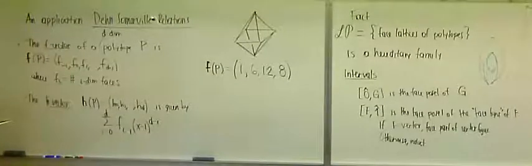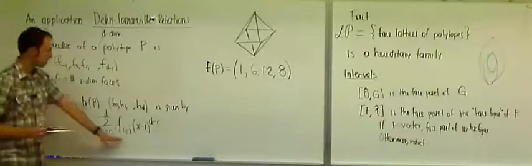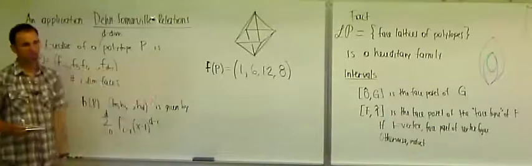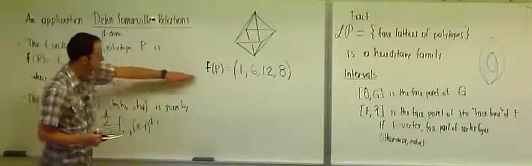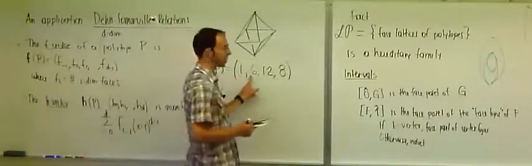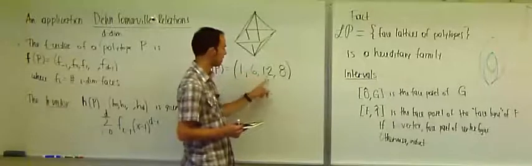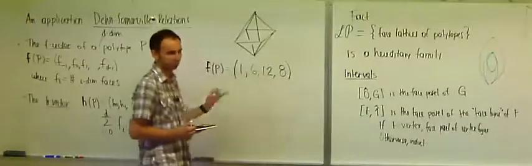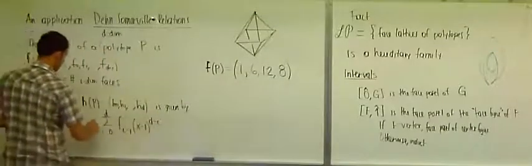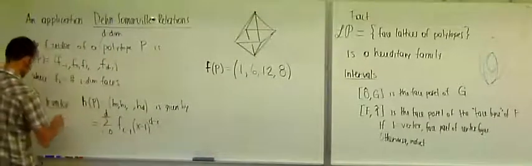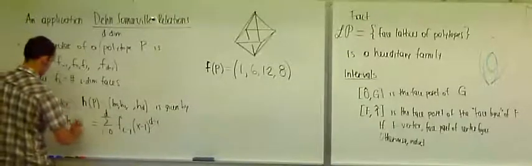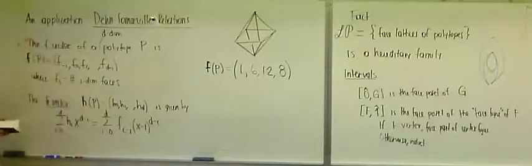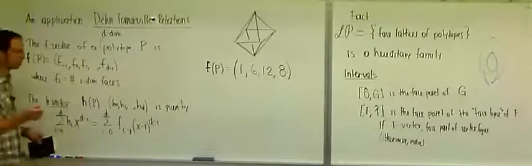So this is something very standard that we've done a lot of times, right? You have a list of numbers, we make a polynomial out of them. In this case, the polynomial is going to be x minus 1 cubed plus 6 times x minus 1 squared plus 12 times x minus 1 plus 8. And whatever that polytope is, you call the coefficients hi x to the d minus i. Okay? So you get some numbers.